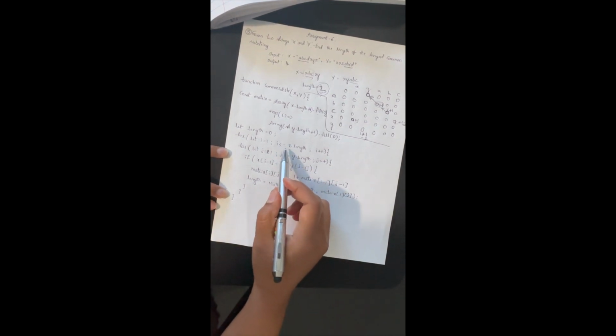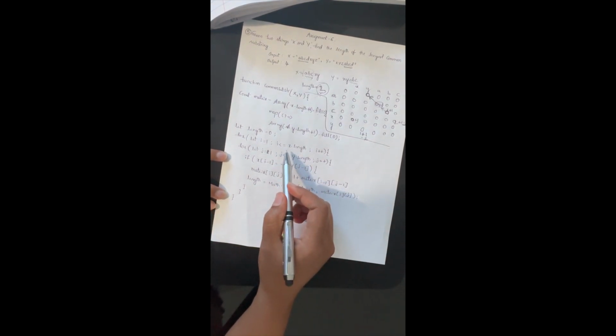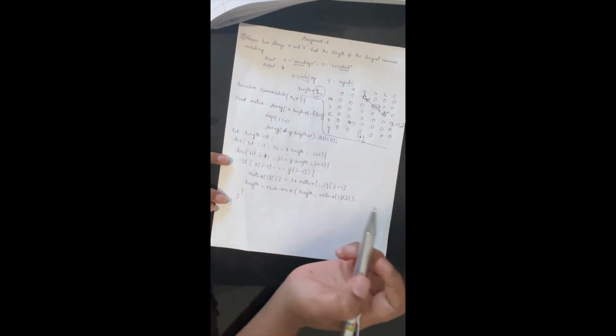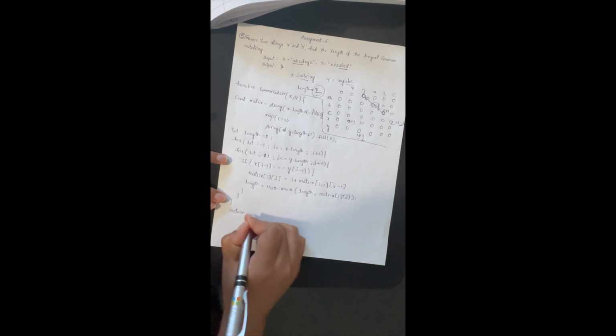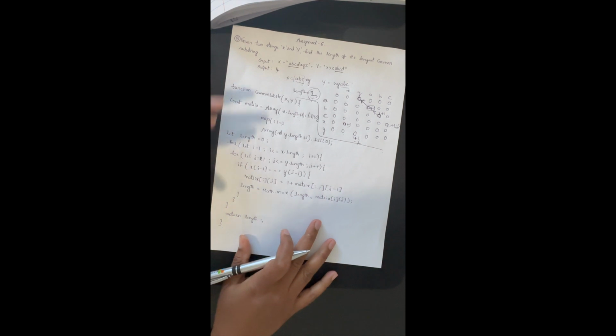So once we finish comparing all the characters in both the strings, then we are going to return the length which contains the maximum, so the longest common substring's length. So this is the code.